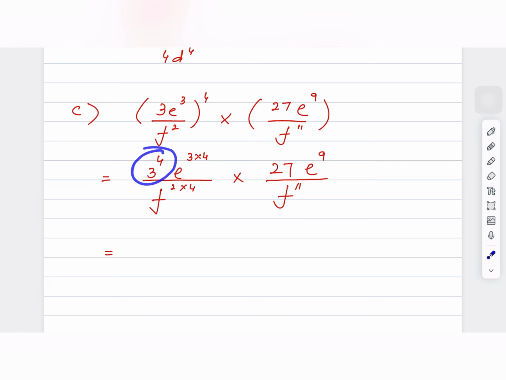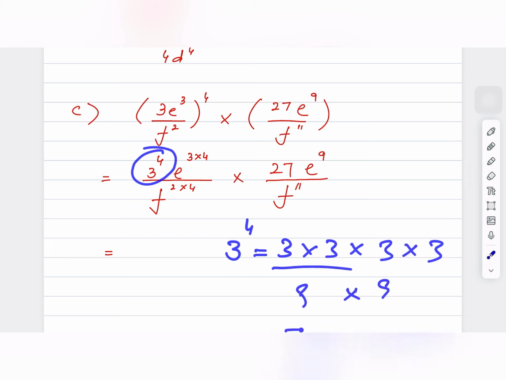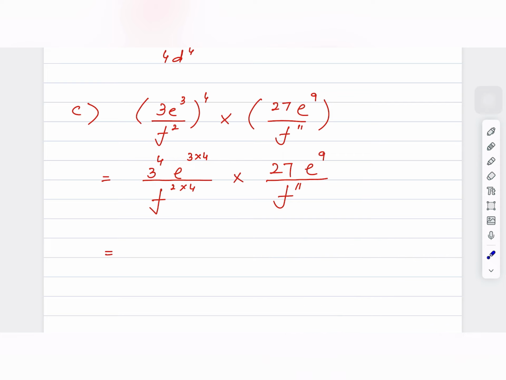Now you simplify this. 3 power 4 is basically 3 times 3 times 3 times 3, and that becomes 81. So you will write 81 e power 12 over f power 8 multiply 27 e power 9.